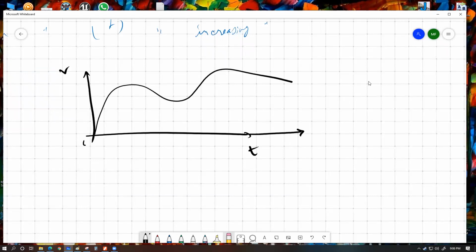Let's say O, A, B, C, and D. The question asks you that describe the motion of the object using the points O, A, B, C, D from the graph. How are you going to describe this motion? You might as well have 4 marks in that question.